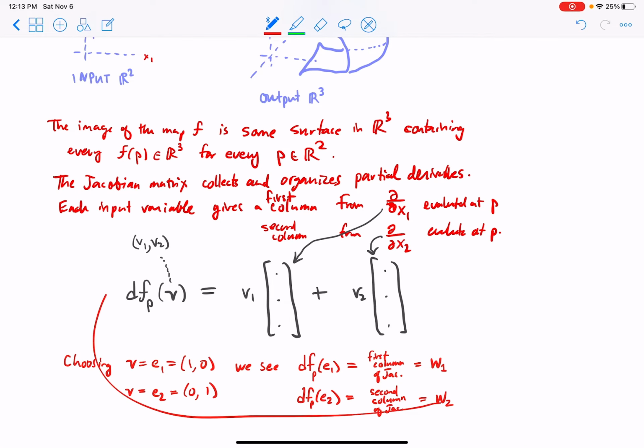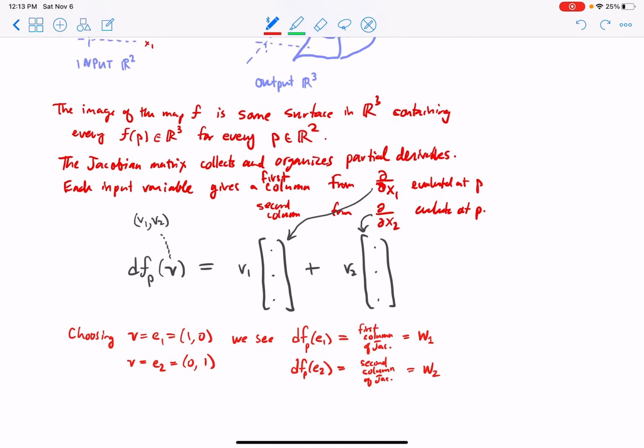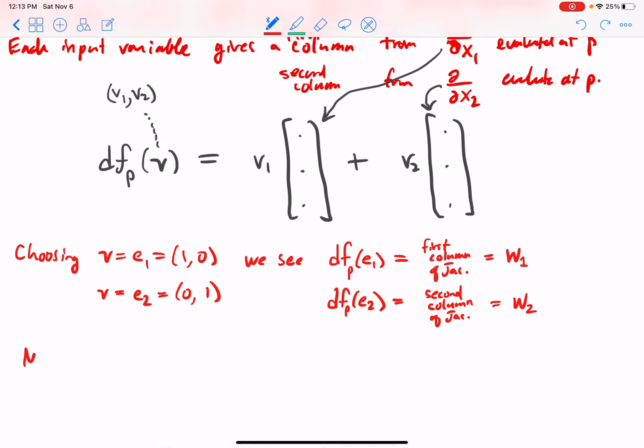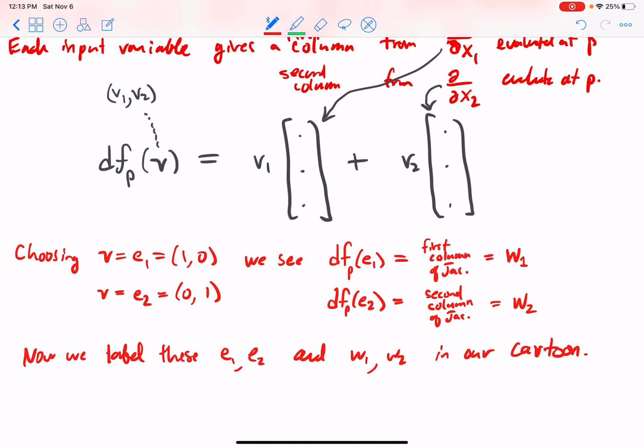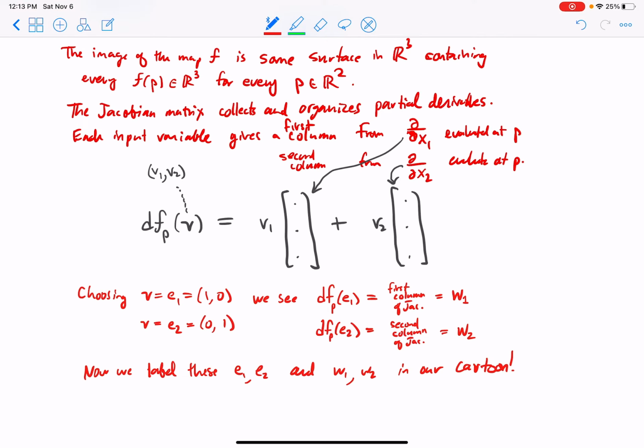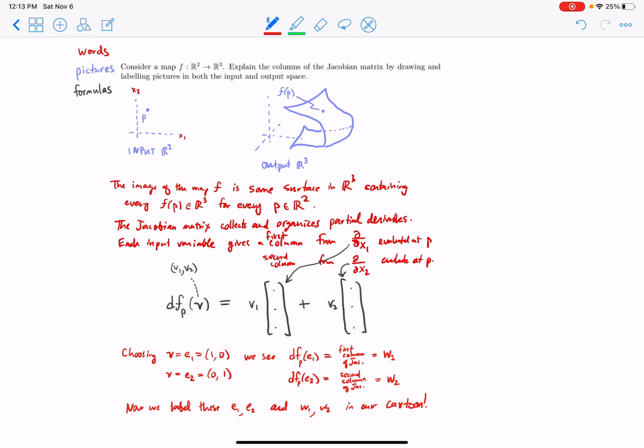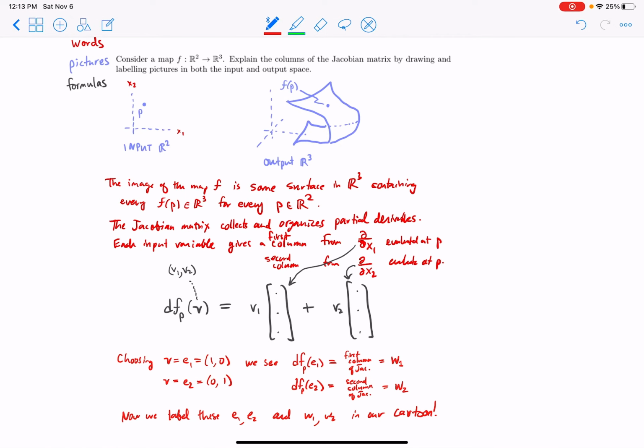We see that from this formula. Now we label these E1, E2, and W1, W2 in our cartoon. Okay, and that will solve the question. It wanted us to draw and label these things.